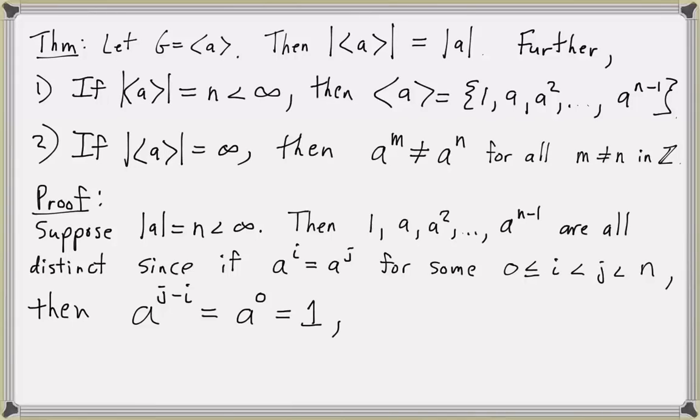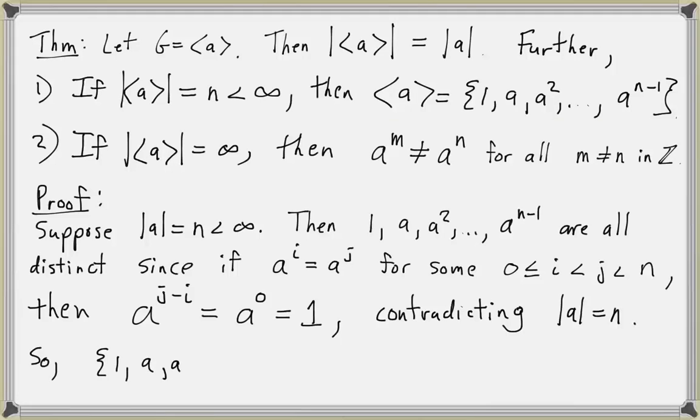But this would contradict the fact that a has order n. So we see that the list 1, a, a squared, all the way up to a to the n minus 1 are all distinct elements.